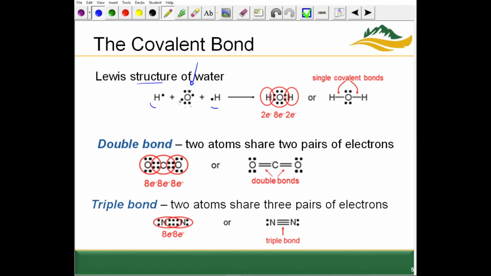The reason water is a stable molecule is because hydrogen wants to fill its duet, oxygen wants to fill its octet, so hydrogen filling its duet is sharing 1 of these electrons with oxygen. Then oxygen benefits as well because it shares that electron from hydrogen. So this happens on both sides of oxygen, where oxygen ends up with a happy octet here in the middle. Then hydrogens end up with a happy duet here on the sides.